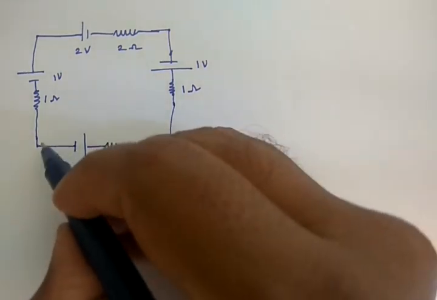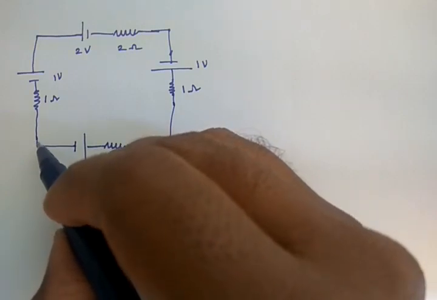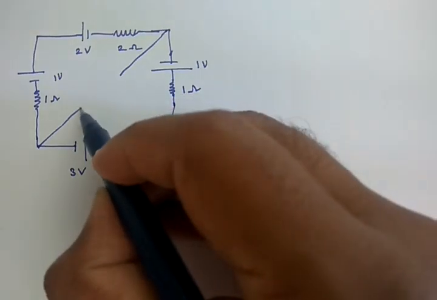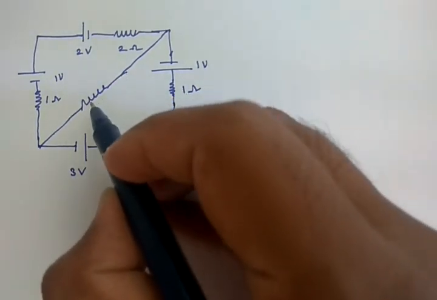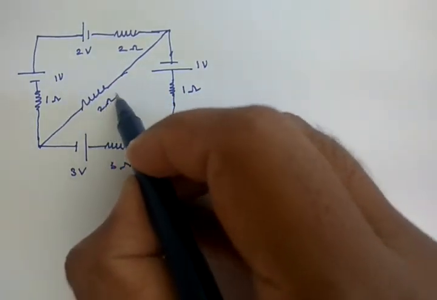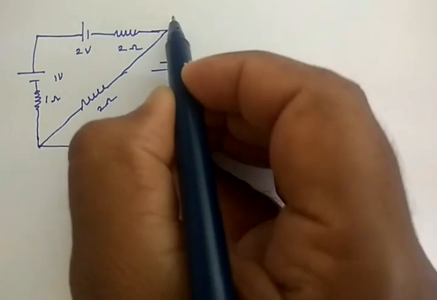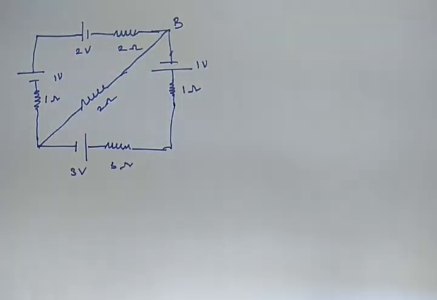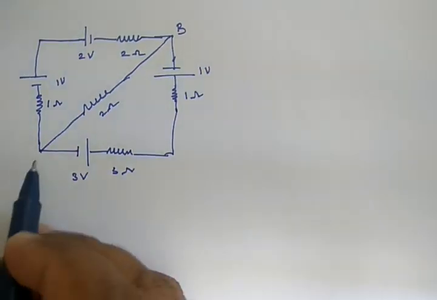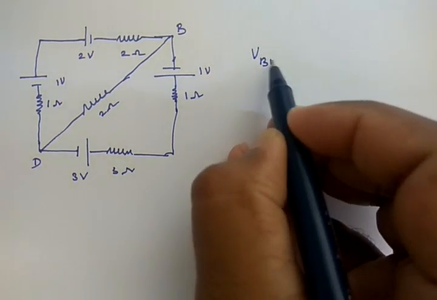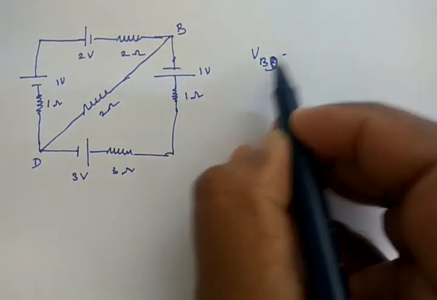Now I am connecting one more resistor across these 2 points, and the resistance of that resistor is, let us say, 2 ohm. Now the question is, we need to find the voltage across B and D. Say this is B and this is D.